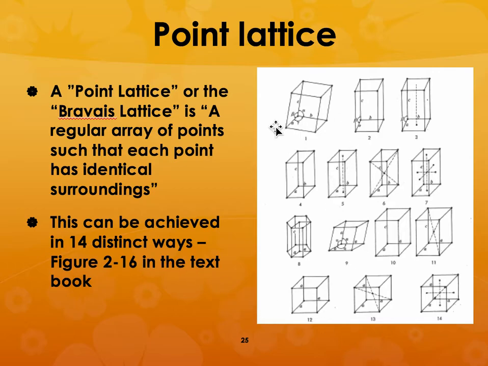So you have multiple types of lattices. The cubic ones are the bottommost 3. So what is a point lattice? It is a lattice such that each point has identical surroundings.